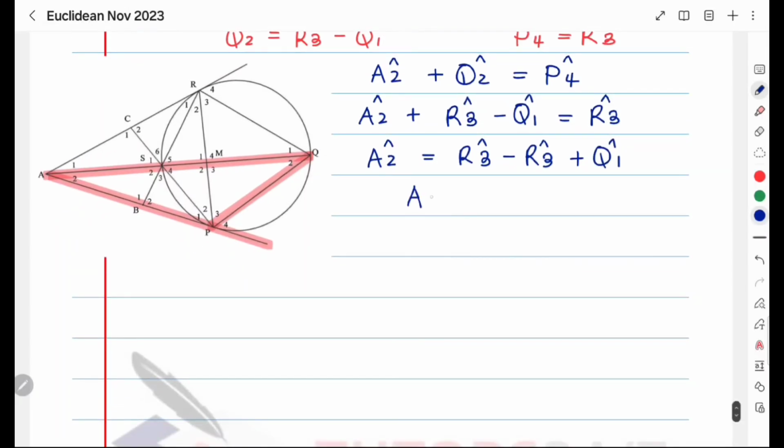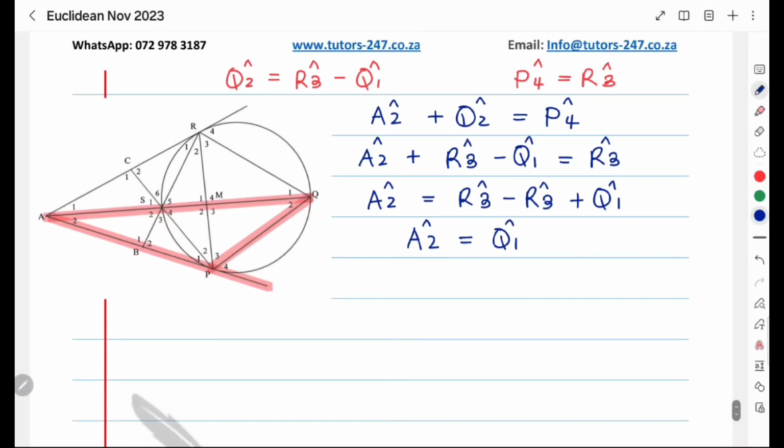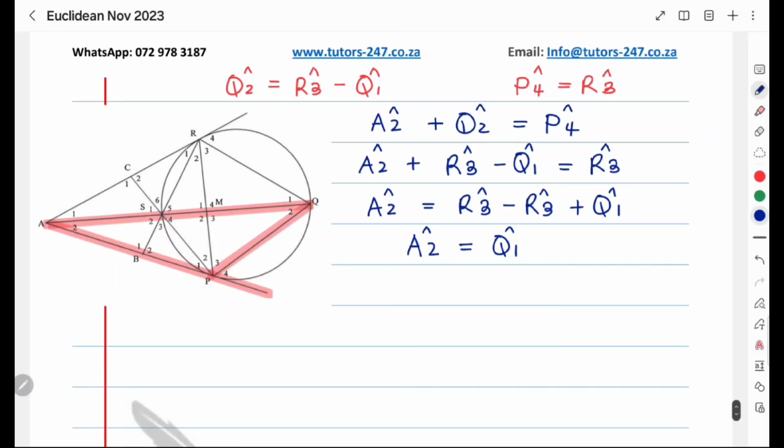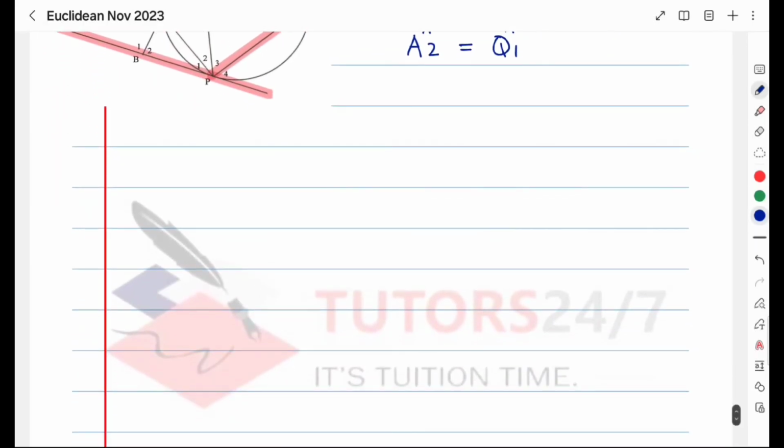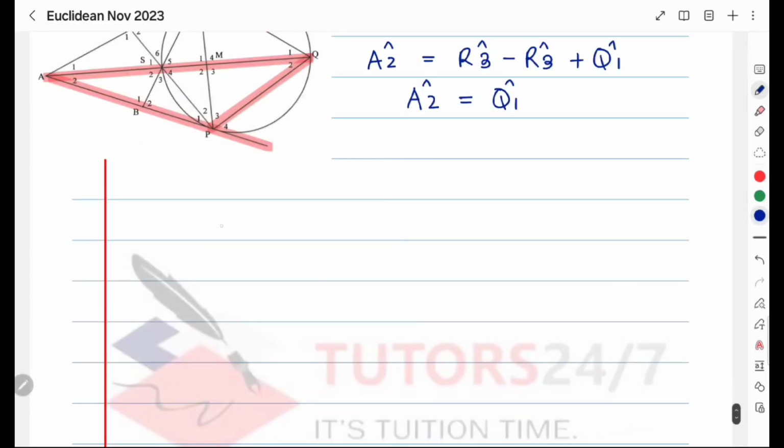R3 minus R3 cancels each other out, and we are left with Q1. So we've now proved that A2 is equal to Q1 and that P2 is equal to Q1. So because of that, we can now connect A2 and P2.